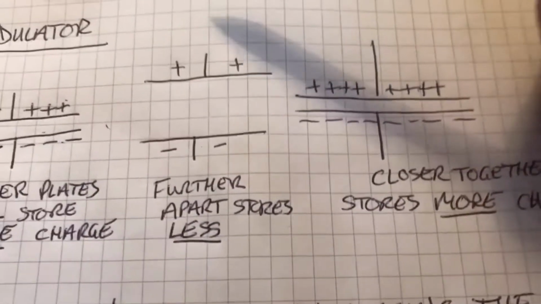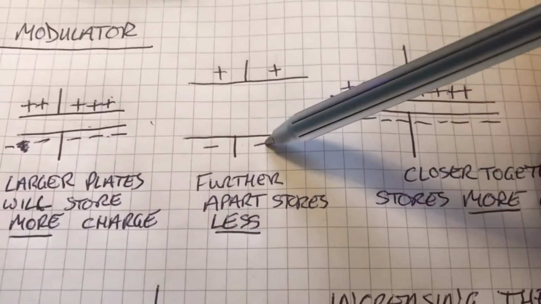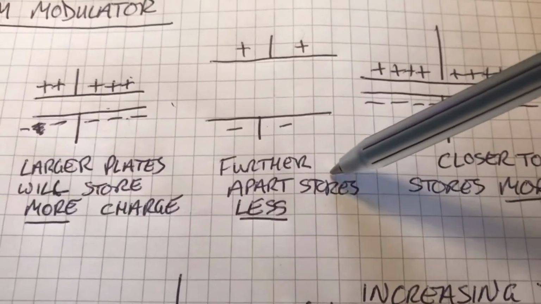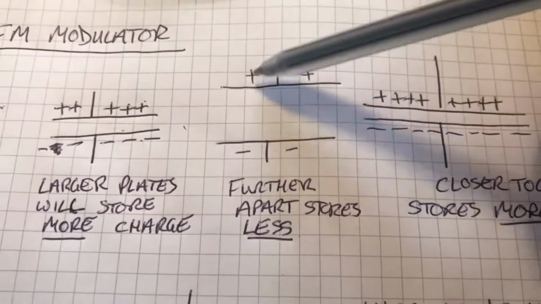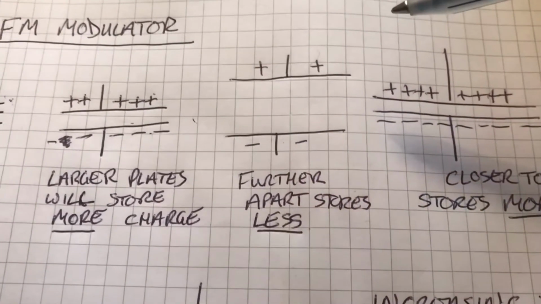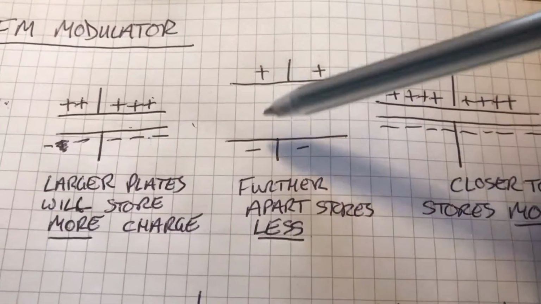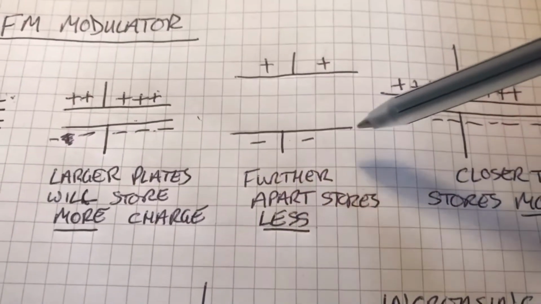Moving on from this, we now have bigger plates, but we're also going to vary the separation. The further apart they are, the less charge they store, because if you think opposites attract, the further away they are from each other, the less influence they feel from each other. So there's less of a pull between them, and therefore less charge is pulled to settle on the plates.